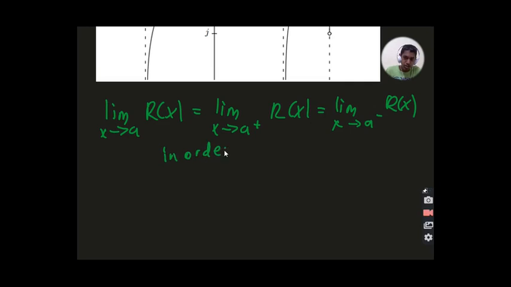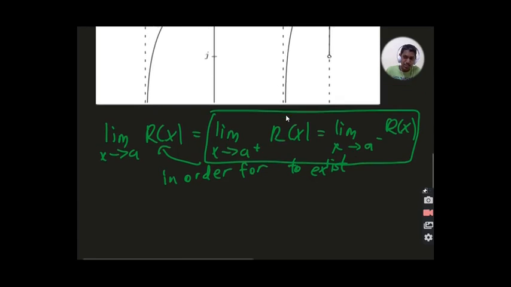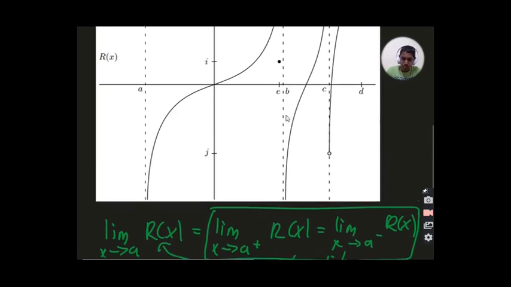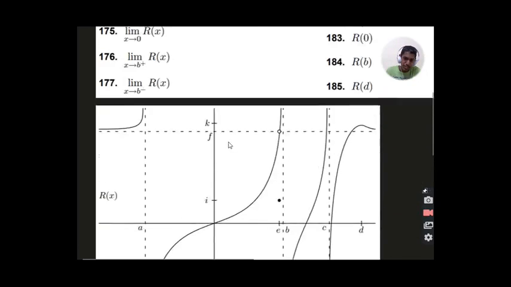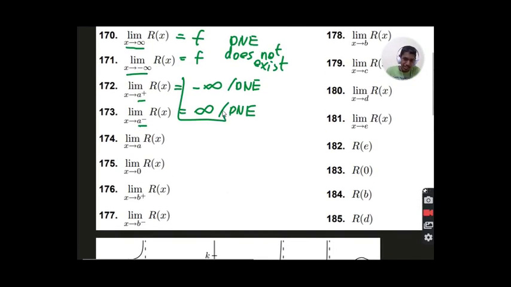So basically the left-sided limit has to equal the right-sided limit in order for the limit to exist. So is that the case? Clearly not. So it just does not exist.